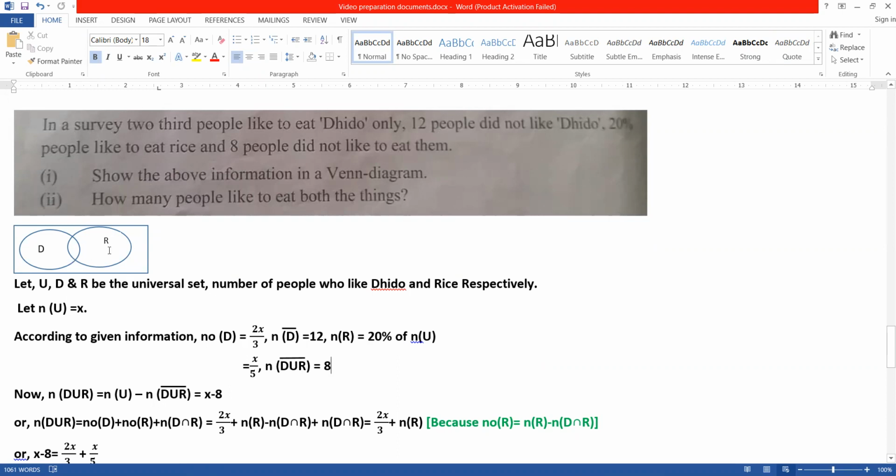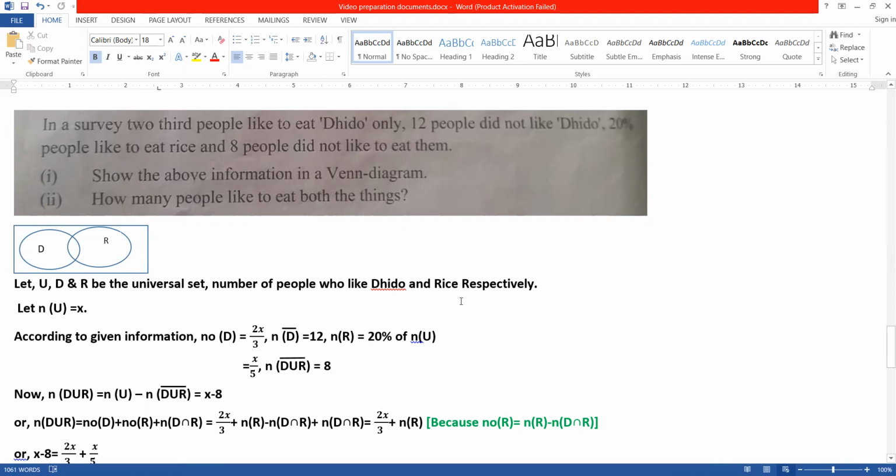Let D and R be the sets of people who like to eat dino and rice as their food, and let U be the universal set under consideration.